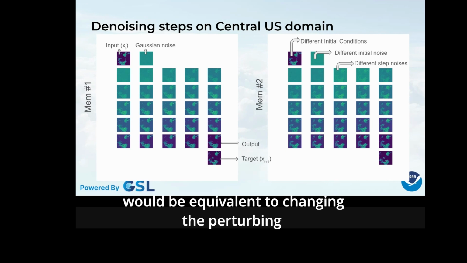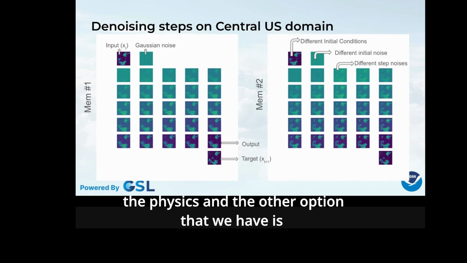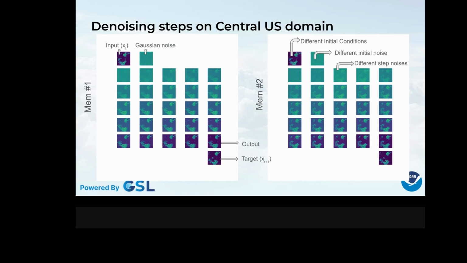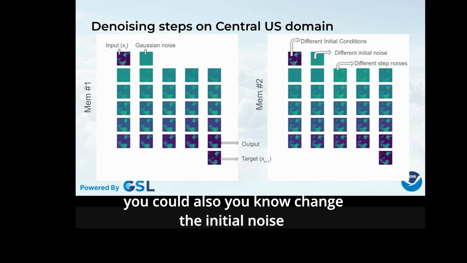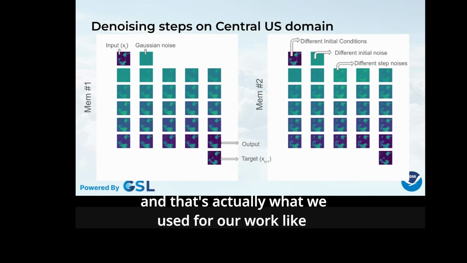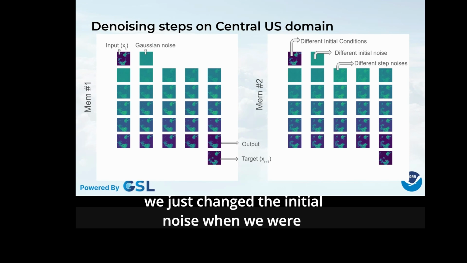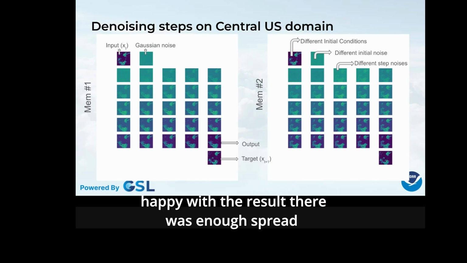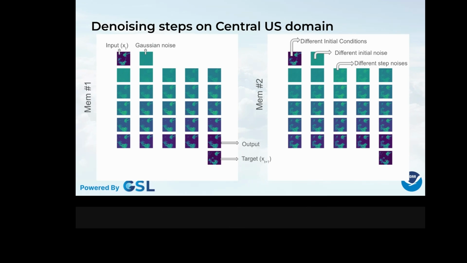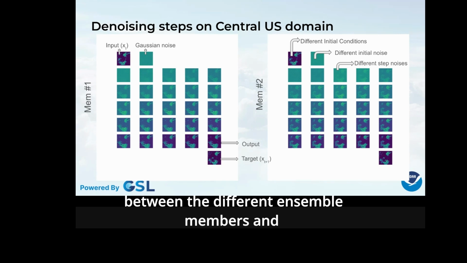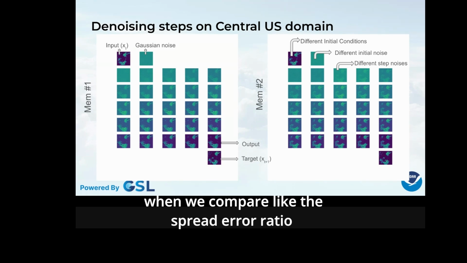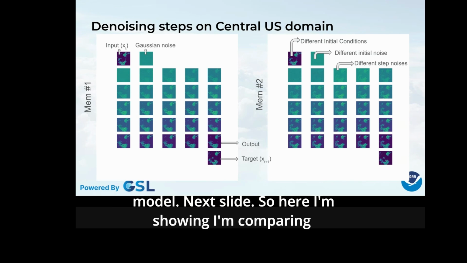The other option is you could also change the initial noise, and that's actually what we used for our work. We just changed the initial noise, and we were happy with the result. There was enough spread between the different ensemble members, and when we compared the spread-error ratio, it was more or less the same as the standard HRRR model. Next slide.